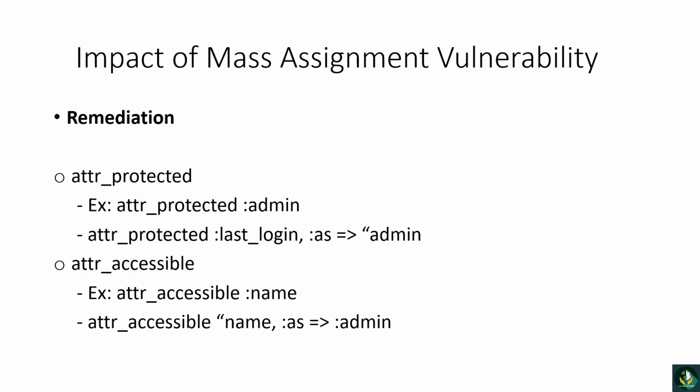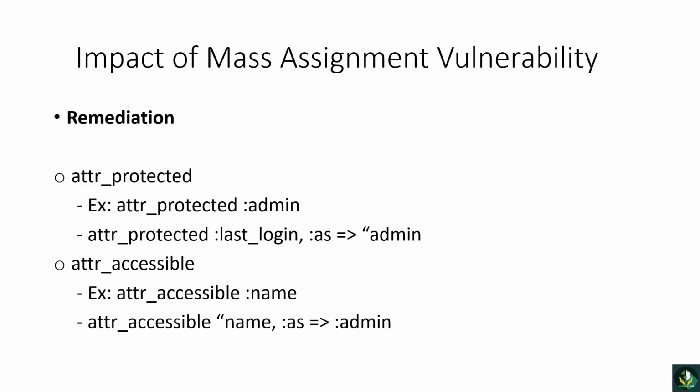To prevent this, the Rails framework, taken as a reference, offers two class methods in the ActiveRecord class to control or limit access to your attributes: attr_protected, which follows the blacklist principle, and attr_accessible, which follows the whitelist principle.